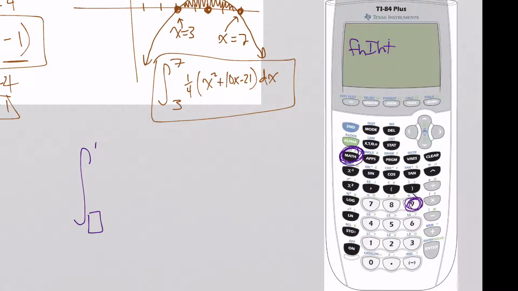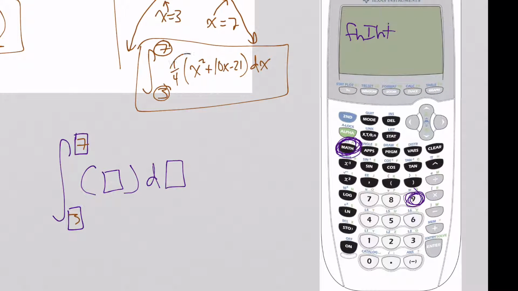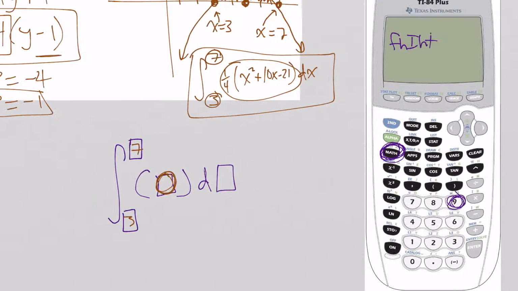Box, like that, parenthesis, box, comma, box, like that. And you need to fill in the pieces. So put a 3 in that box, just like that. Put a 7 in that box, just like that 7 right there. Type in this whole equation into this box right here.